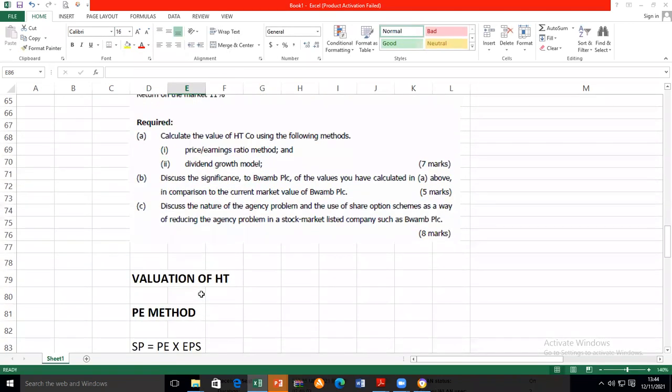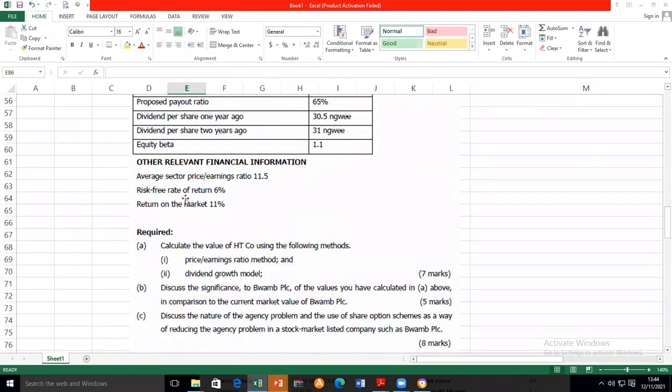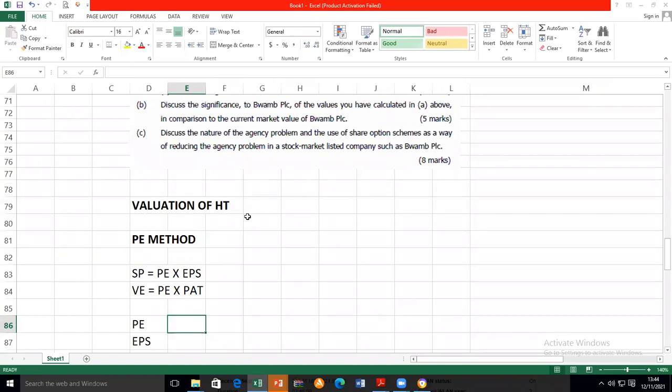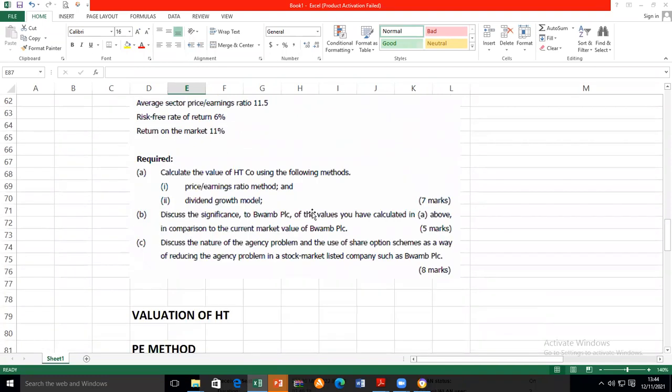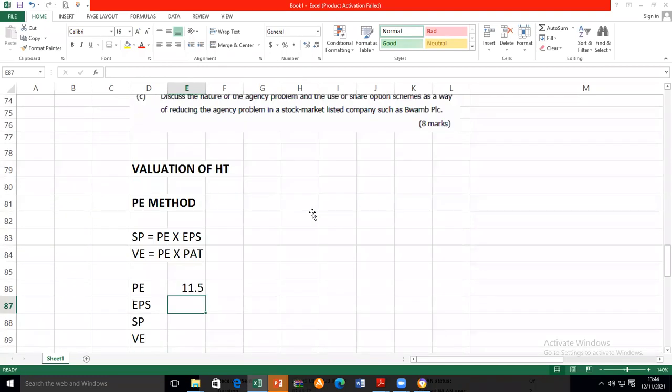PE, average sector 11.5. EPS is 50 ngwe. The share price is 11.5 times 0.5, 5.75.